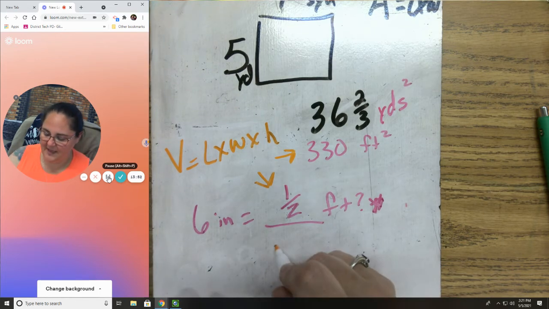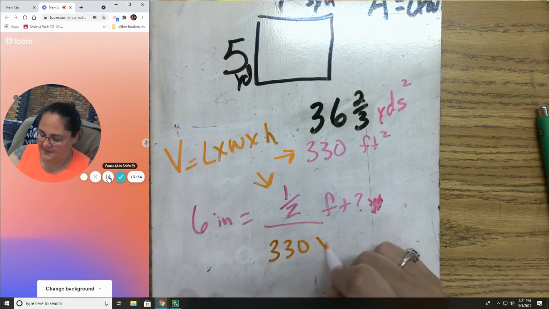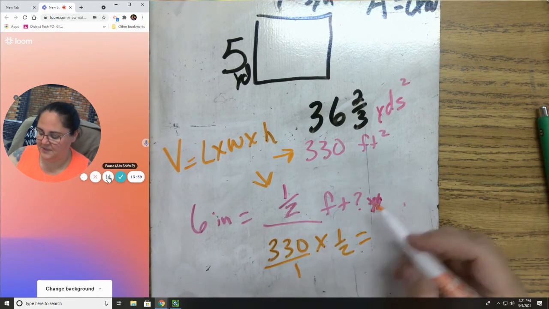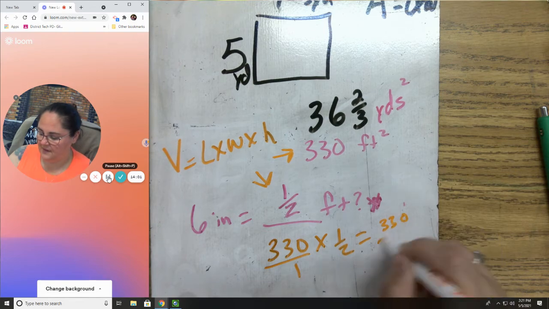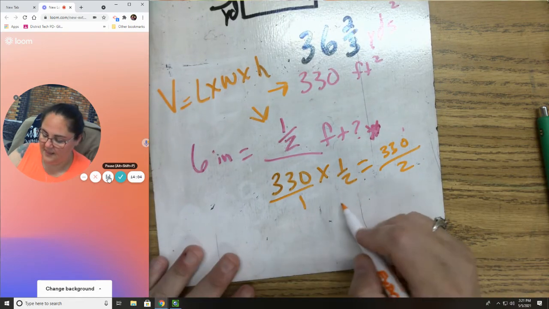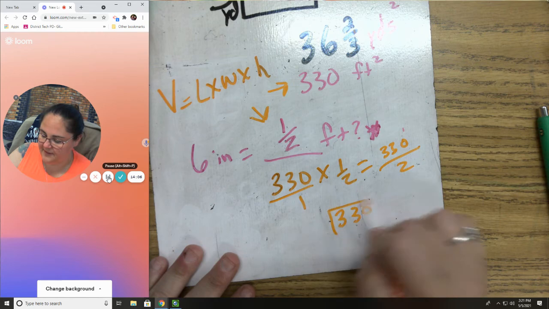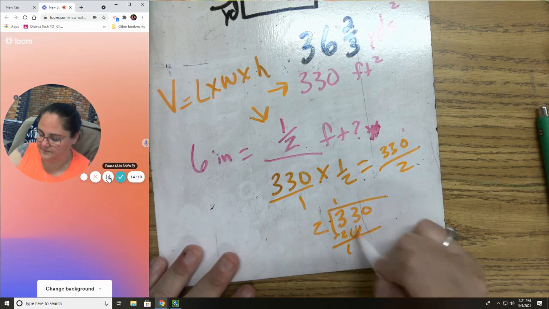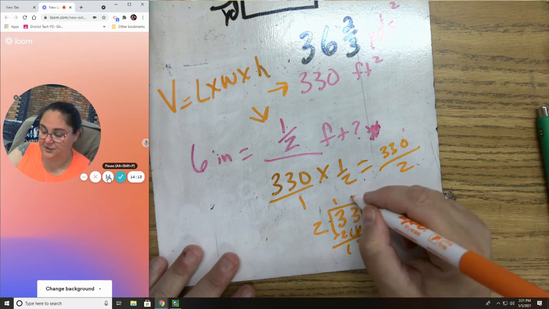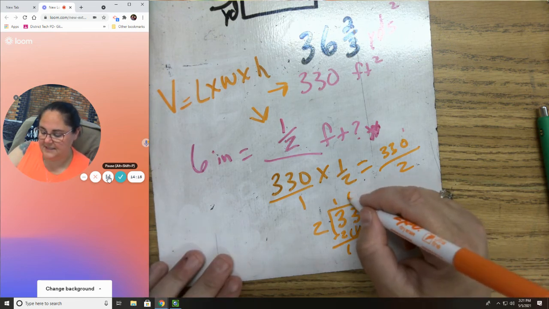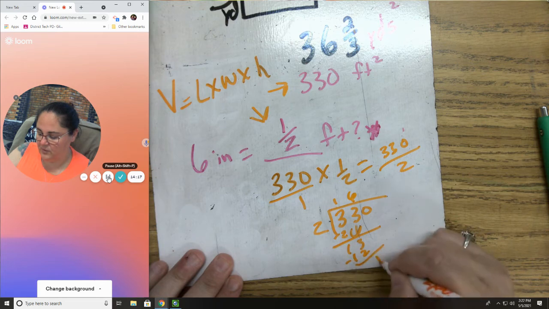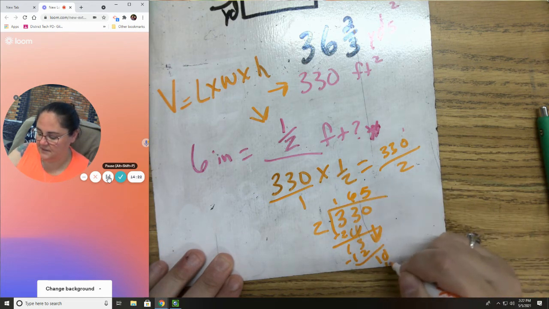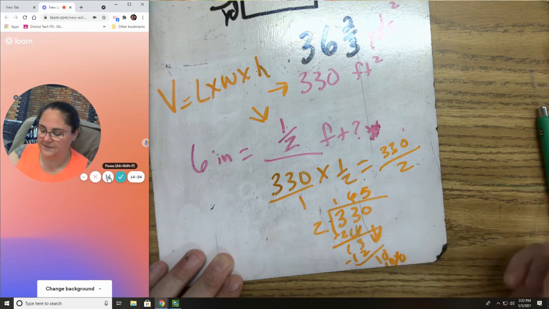This one you're going to multiply 330 times 1/2. Multiply straight across, 330 over 2. Then I'm going to divide 330 divided by 2. 2 goes into 3 one time with 1 left over. 2 goes into 13 6 times with 1 left over. 2 goes into 10 5 times with 0 left over.